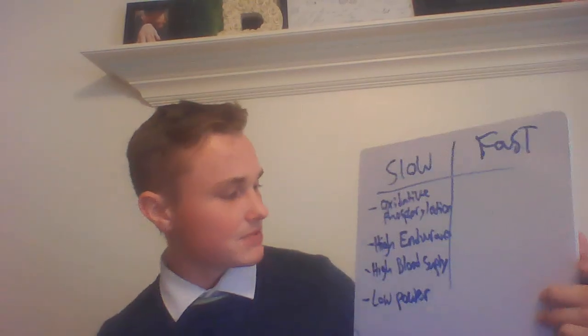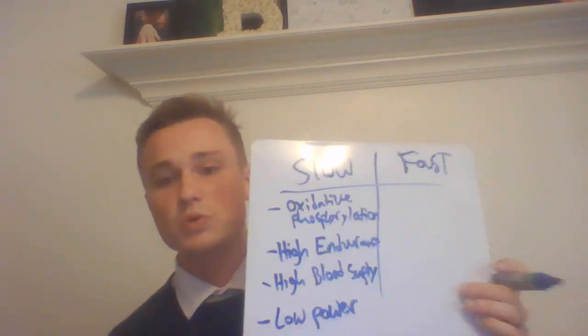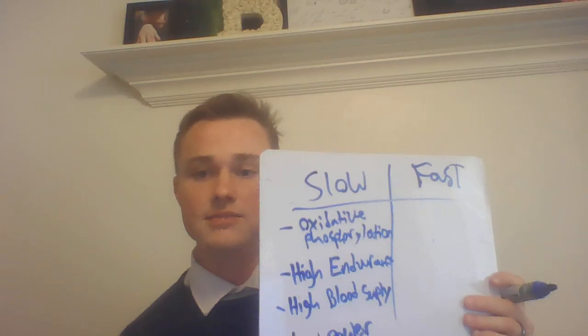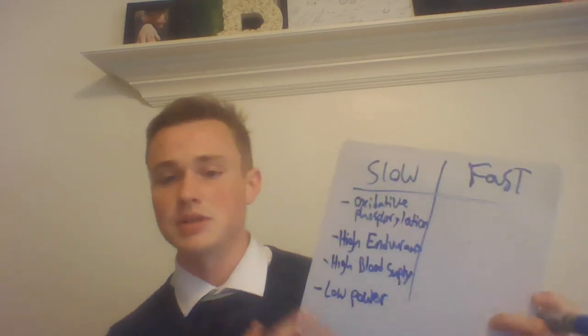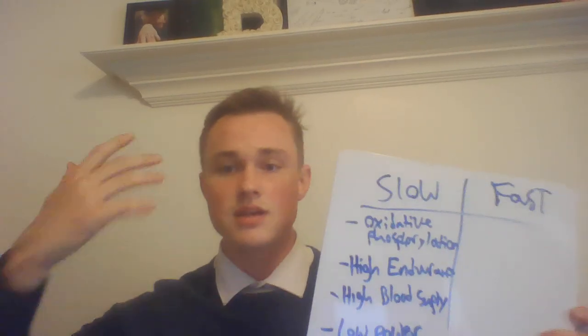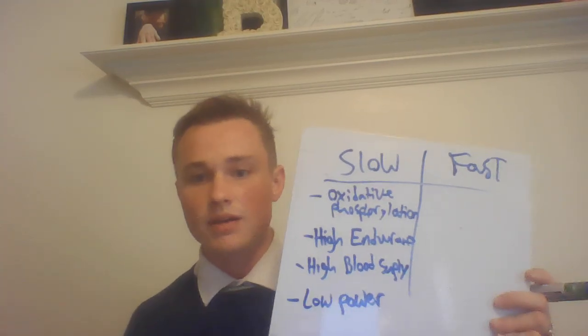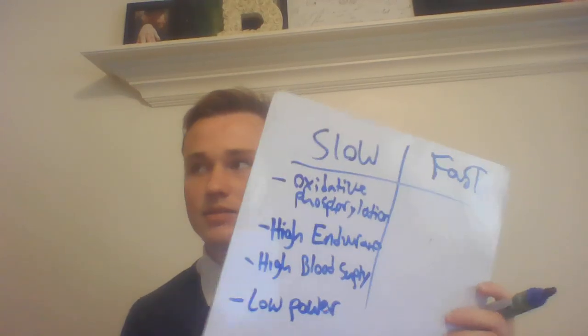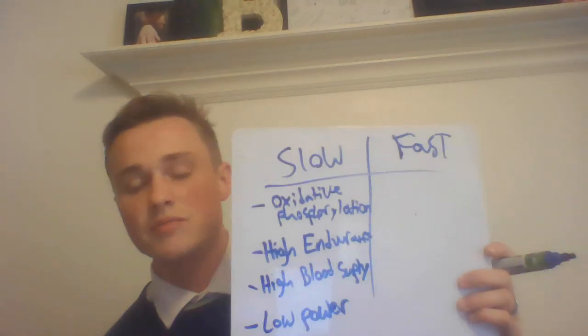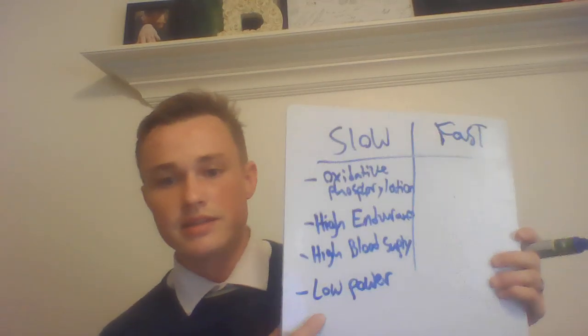Mostly does oxidative phosphorylation for metabolism. High endurance, so it's more of a marathon runner's friend. And high blood supply, so we're getting lots of nutrients, lots of oxygen. That's another thing that characterizes these types of muscle fibers: it uses lots of oxygen.